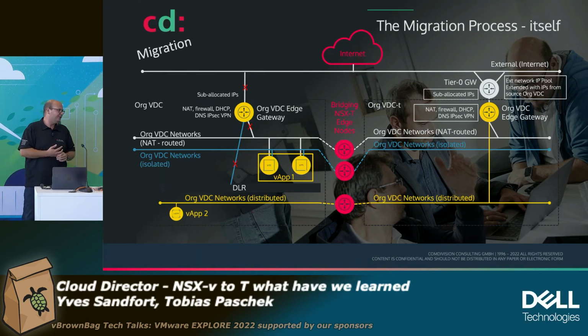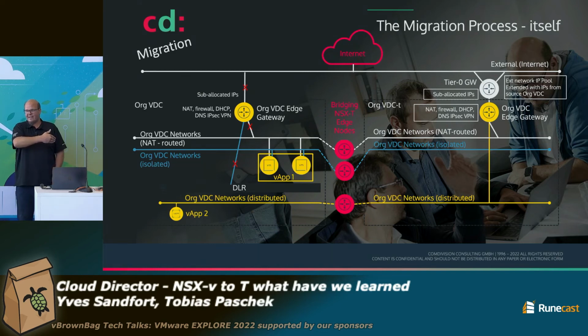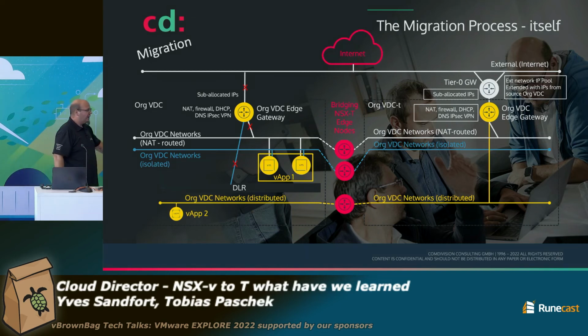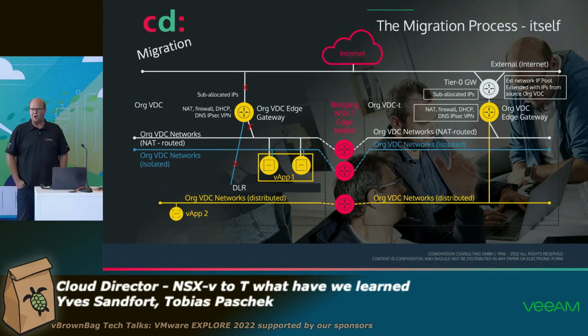If there are some storage changes also involved, we need to do not only a vMotion but an SVMotion, so migrate the whole storage. It depends how long the migration will take, because we need to transfer all of the environment in one shot to the new data center or to the new organization VDC.